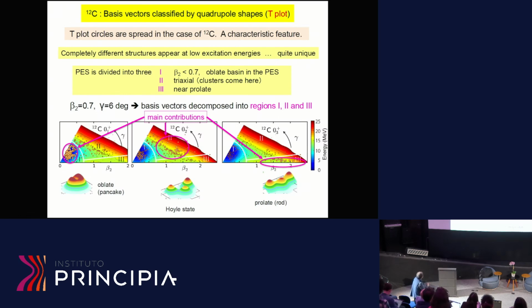The ground state is composed of T-plot circles mainly here, but a little bit here. The Hoyle state is mainly here, and the third 0+ state is mainly here. That means the third 0+ state is a prolate shape with large beta 2, like a rod. But here you have very widely spread T-plot circles, and that corresponds to this triangle distribution.